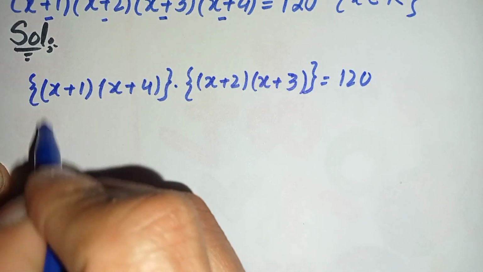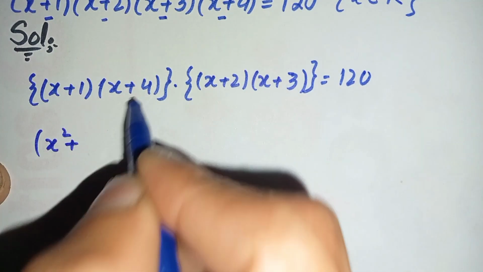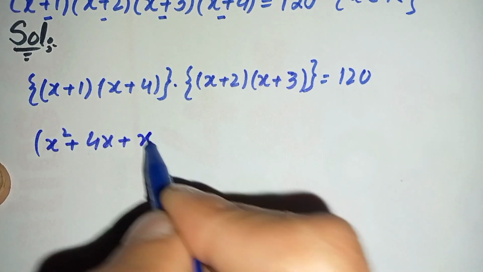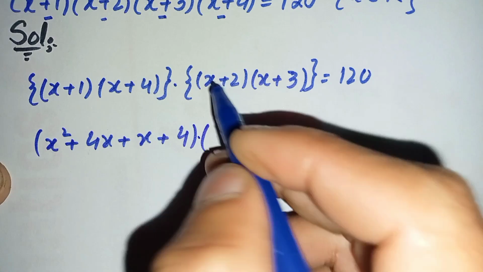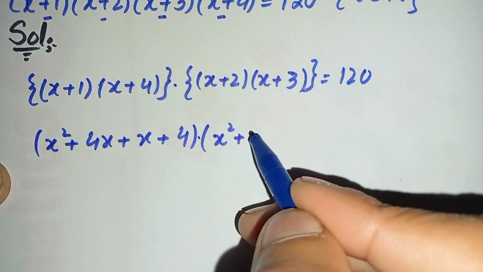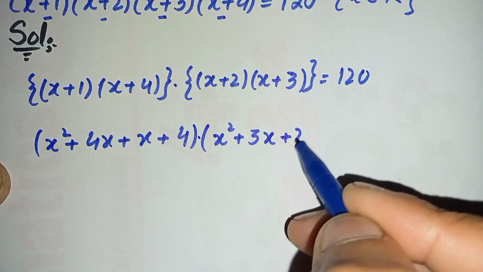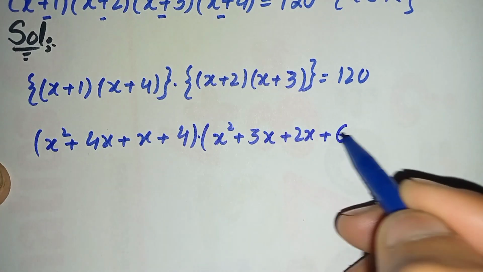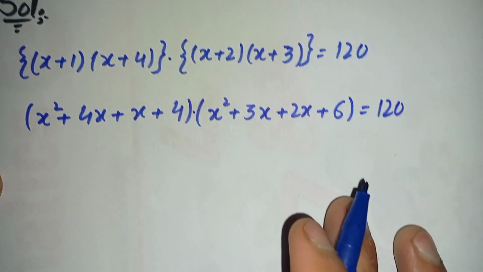So it will become x times x is x square plus x times 4 is 4x plus 1 times x is x plus 1 times 4 is 4, times x times x is x square plus x times 3 is 3x plus 2 times x is 2x plus 2 times 3 is 6 is equal to 120.